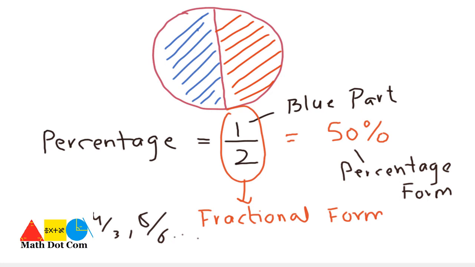We are discussing three concepts here: percentage, decimal, and fraction, as these are interrelated. Now when we write 1 by 2 in decimal form, how may we write it?